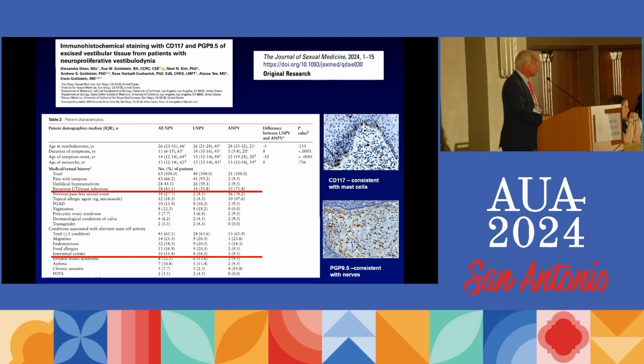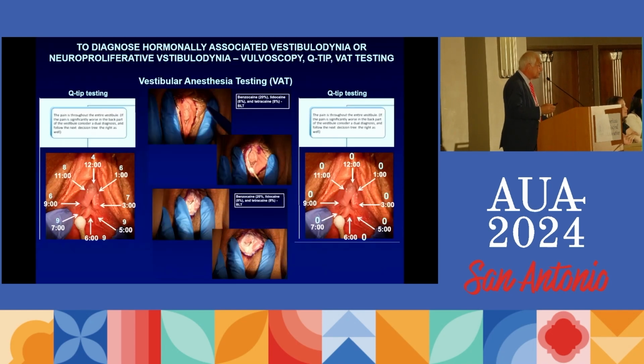They're 100% infiltrated with nerves and mast cells, and it's really nothing to do directly with IC, but the patients had very IC-like symptoms. Again, another message is that IC can be outside of the bladder.